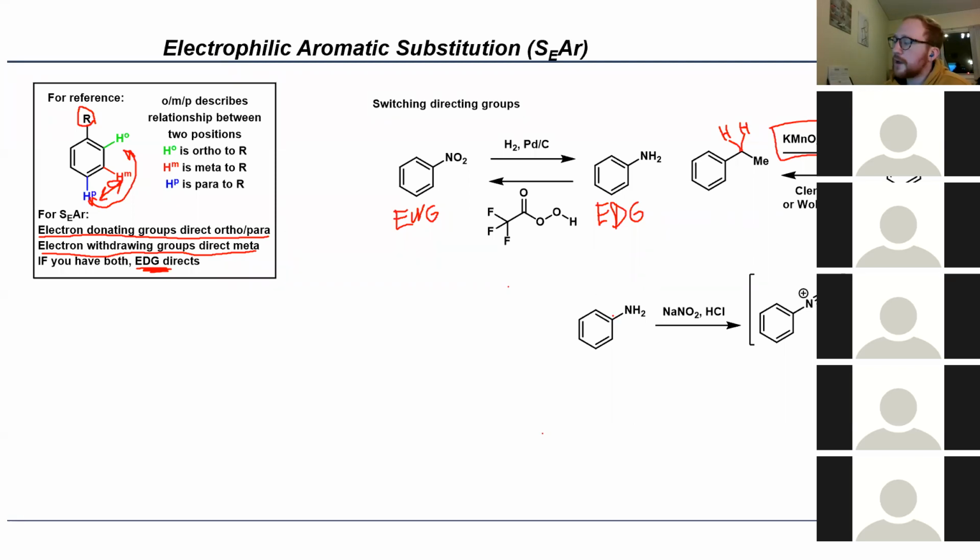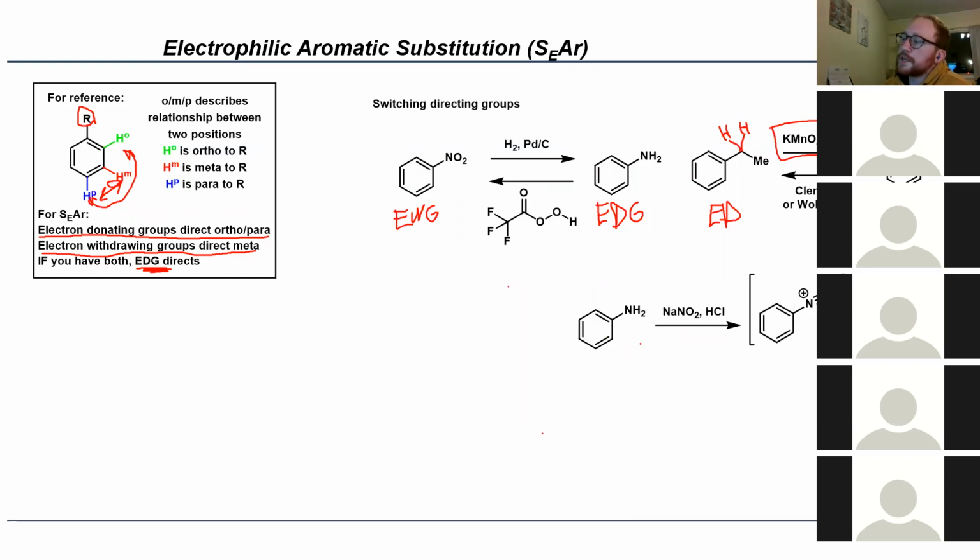A classic reaction for this chemistry is the Sandmeyer reaction. So the Sandmeyer reaction is a super useful tool for the transformation of anilines into other groups of interest that we could use.